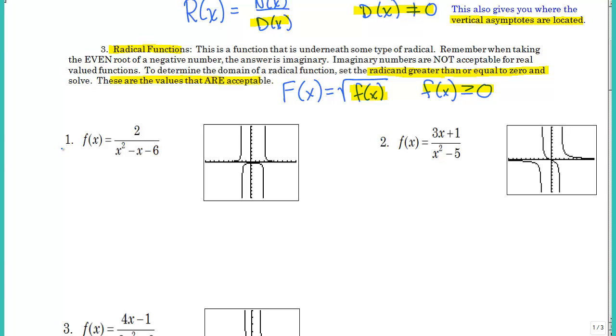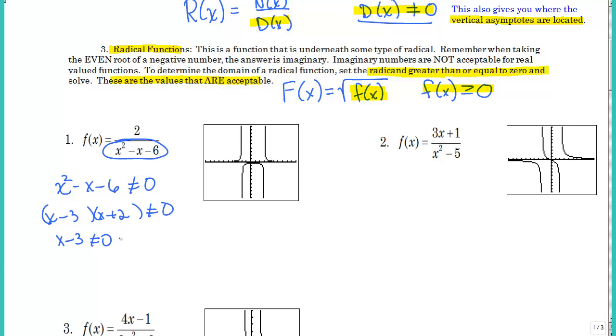Alright, so number one, we have a rational function. You have a denominator that involves x, and so we want to set that denominator not equal to 0, just like here, and solve for x. So yes, you're going to need to factor, set each factor not equal to 0, and solve for x.